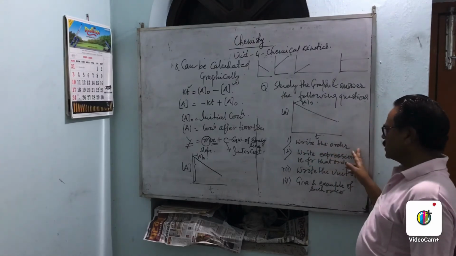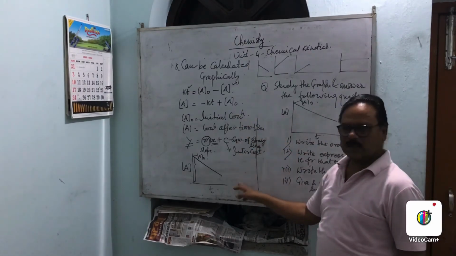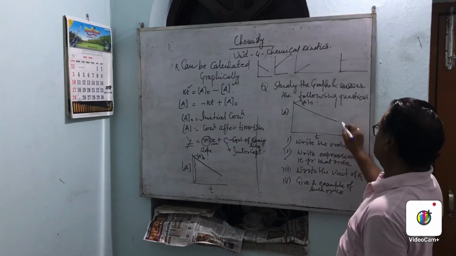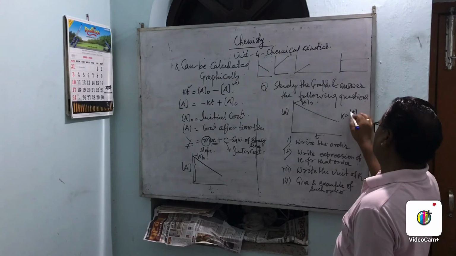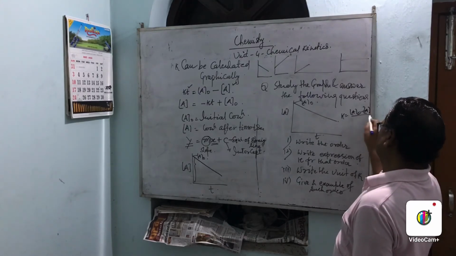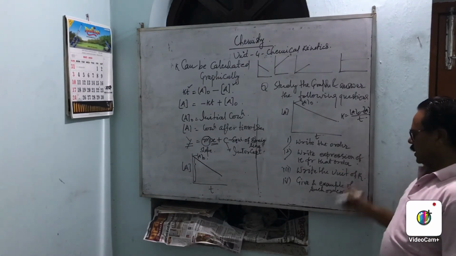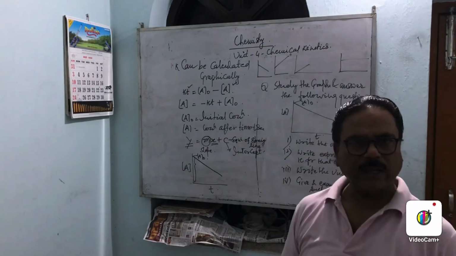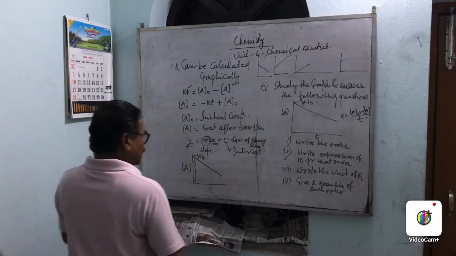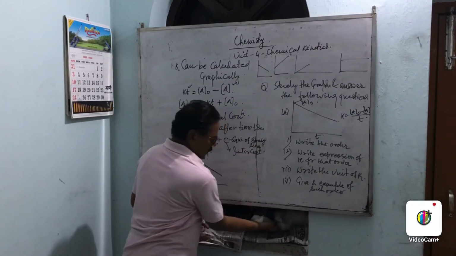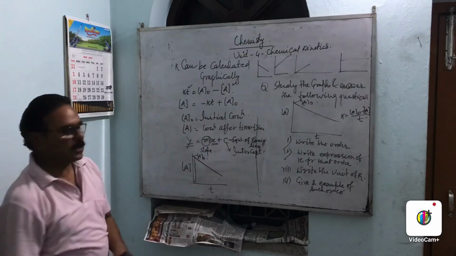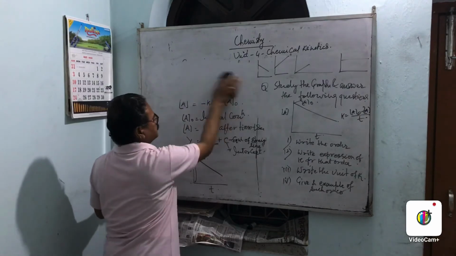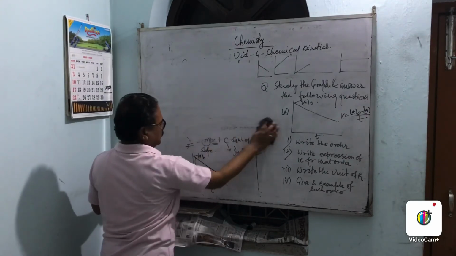That is for the zero order reaction. The expression is K is equal to A naught minus A by T, and then you write the unit. An example is the decomposition of ammonia over platinum as a catalyst. So the question is asked in such a way, and you should have command of how to draw the graph. Suppose there are three graphs in the same problem.